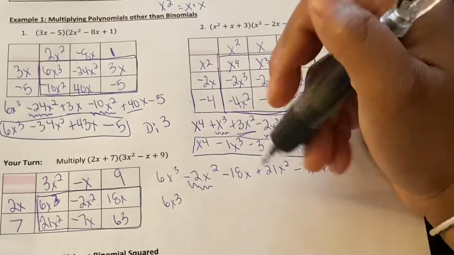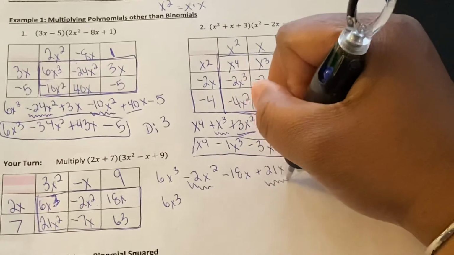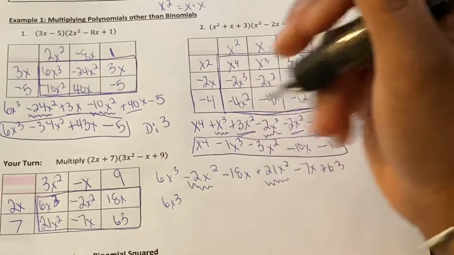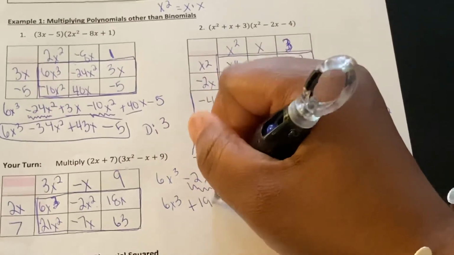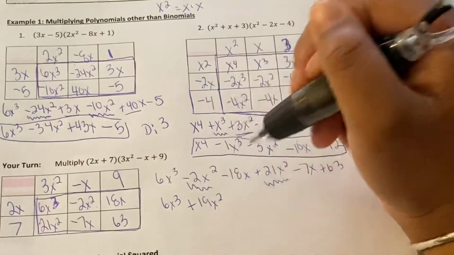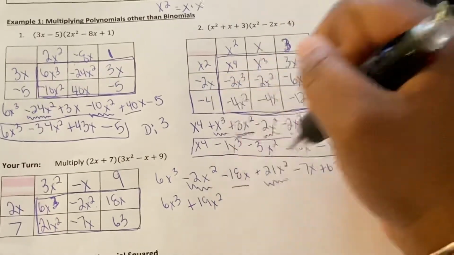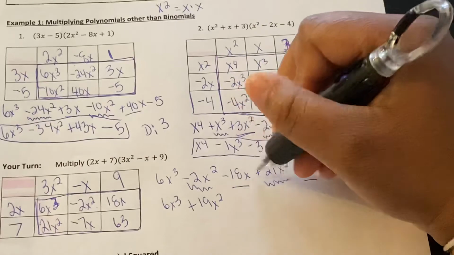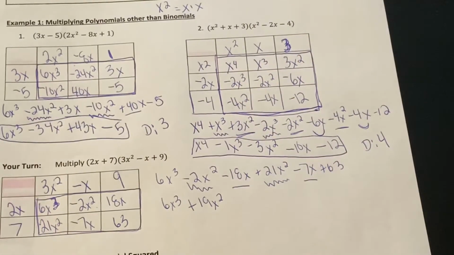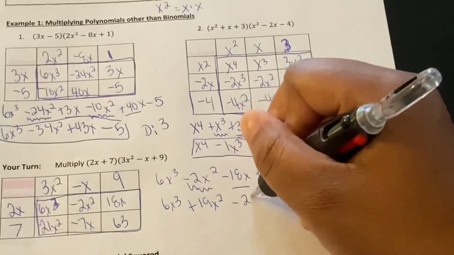Negative 2x squared has a like term with 21x squared. So negative 2x squared plus 21x squared is going to be positive 19x squared, because negative 2 plus 21 is 19. And then 18x minus 7x is going to be 11x.